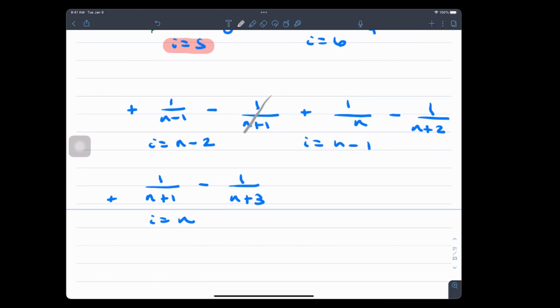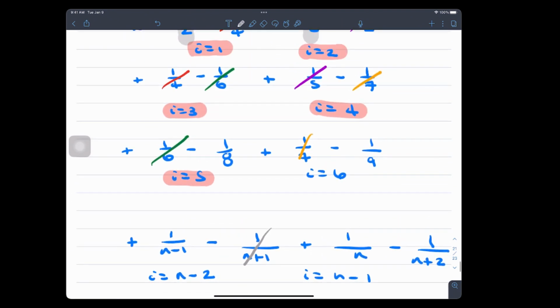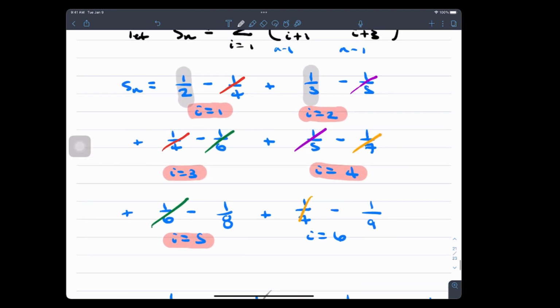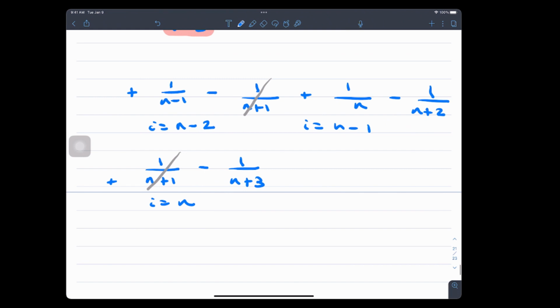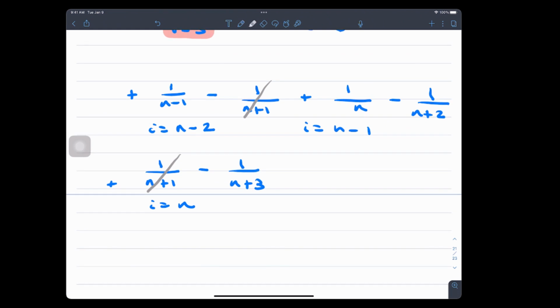Gray, the second term again, and the first term 2 terms later. Okay, now remember what's going on with everything else in the middle here. These are going to go away too. All of this stuff is going away. But we want to find out, what are we really left with here at the very end?